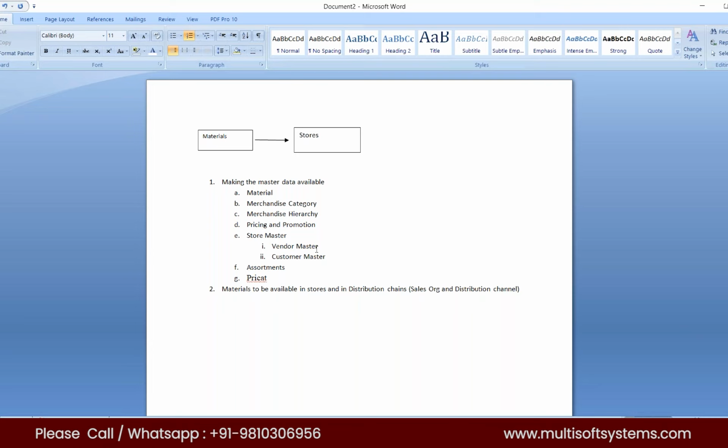For example, let's take hooded jackets. Maybe you want to give 25 percent off for those hooded jackets for that specific season. Those are called promotions, and there are various types of promotions that are available in the system, and we will also go through that. So this is the basic business process we will have to know.